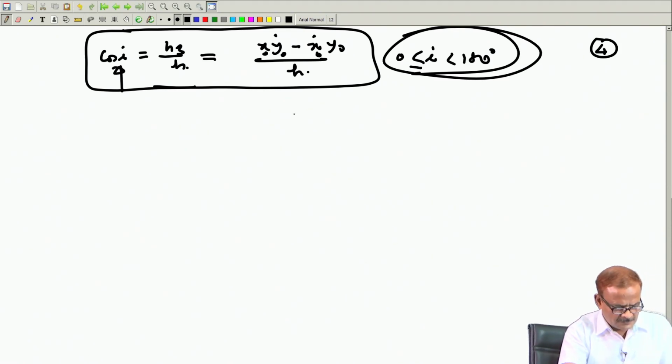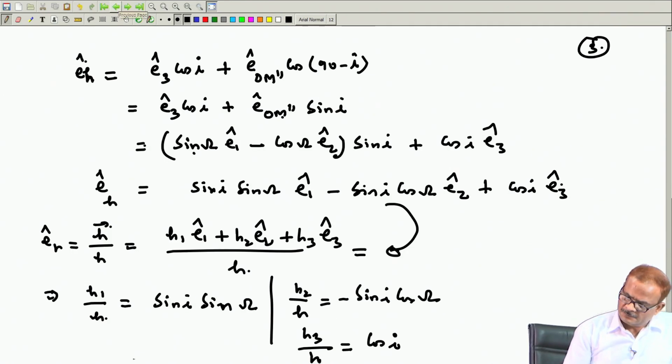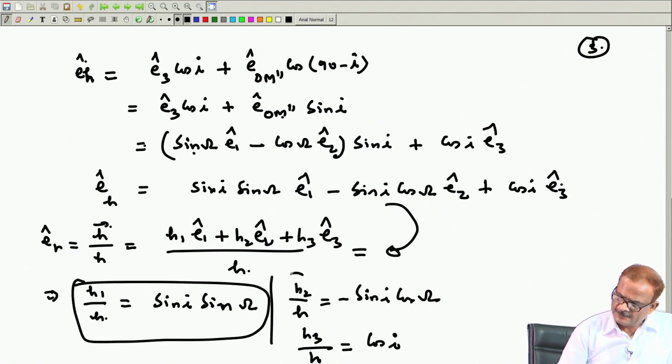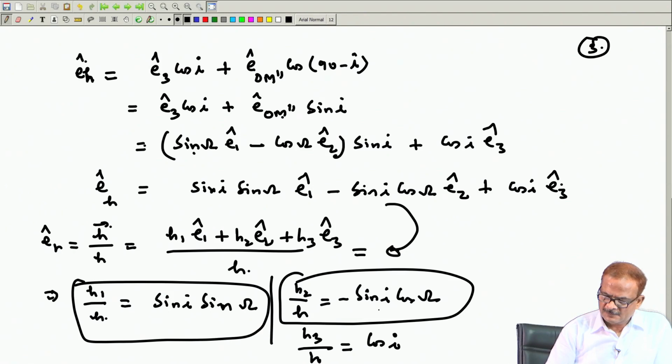Okay, so then the other two we have here, h 1 and h 2. Using this, sin I is common to both of them. So, using this we will be able to determine sin capital omega, this capital omega angle.